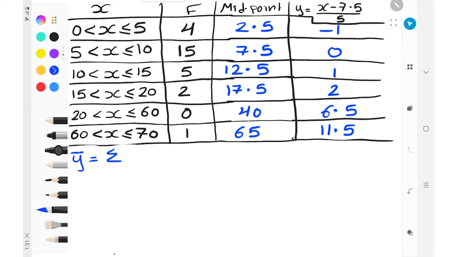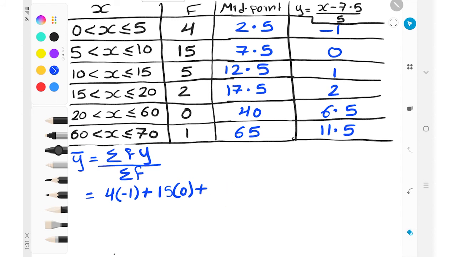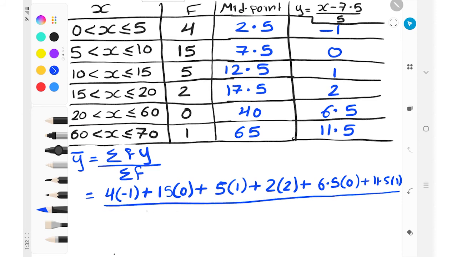So let me write summation, the mean of y is summation of fy divided by summation of f, which is 4 multiplied by -1 plus 15 multiplied by 0 plus 5 multiplied by 1 plus 2 multiplied by 2 plus 6.5 multiplied by 0 plus 11.5 multiplied by 1, and this is all divided by 4 plus 15 plus 5 plus 2 plus 0 plus 1, and this is all equal to 0.611111.